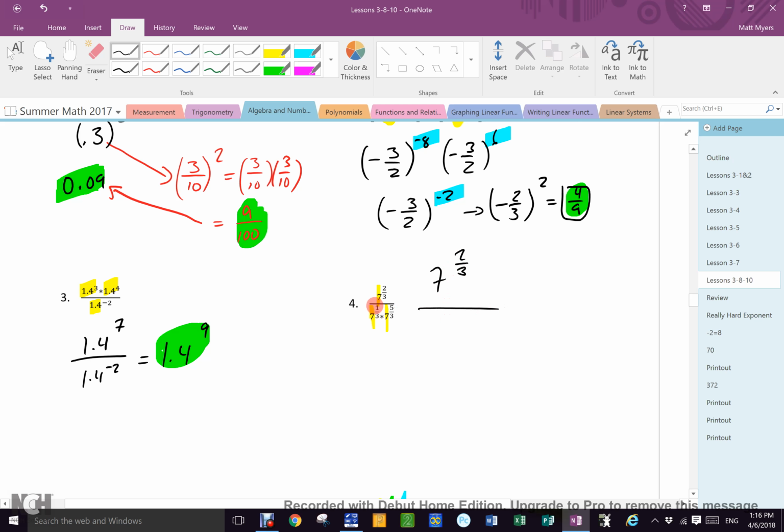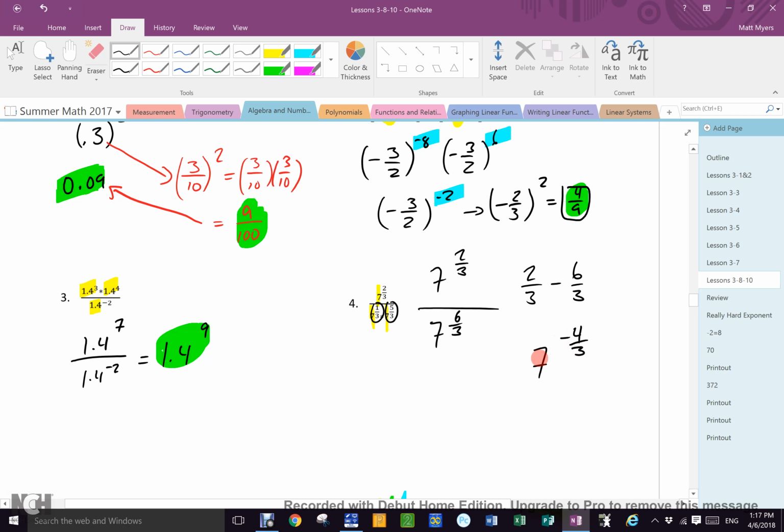But on the bottom, what would you do with 1/3 and 5/3? It'll be 6 over 3. Now I have the same base, so I subtract the exponents, yes? So it is 2/3 minus 6/3. What is that? Negative 4/3.